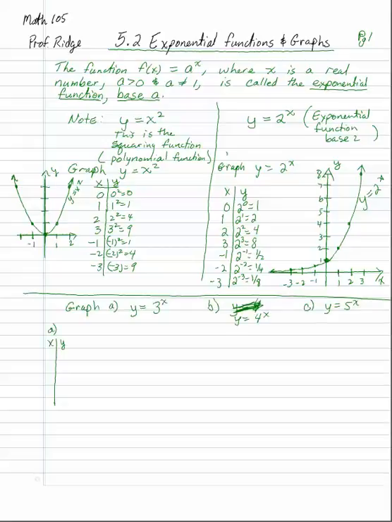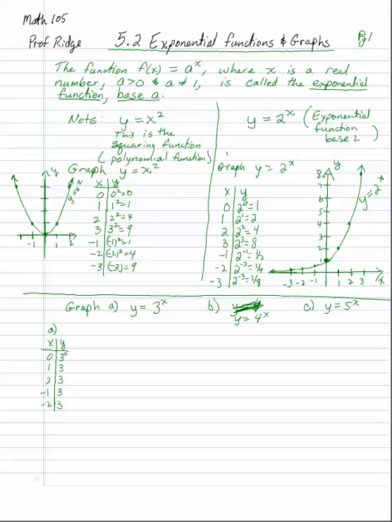Okay, so let's graph y equals 3 to the x, 4 to the x, 5 to the x, and see if we can make some generalizations after we do a few of these. So we're going to do x is 0, 1, 2, negative 1, negative 2. And remember, the base is 3, and the exponent is the variable.